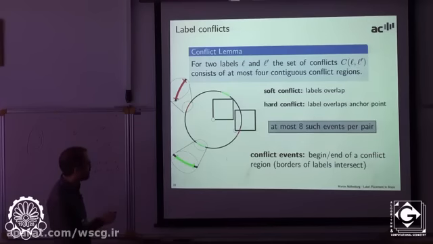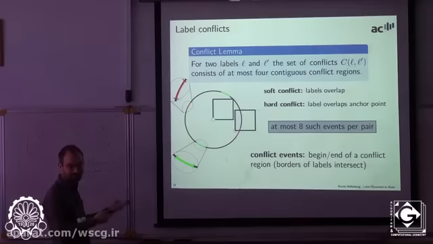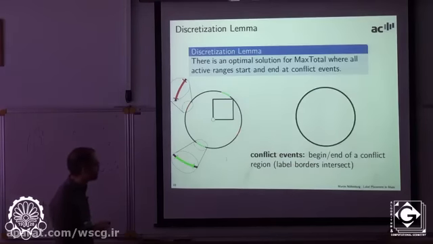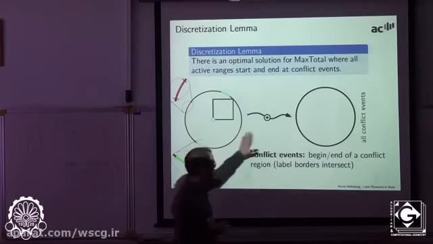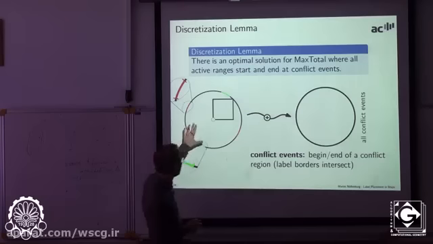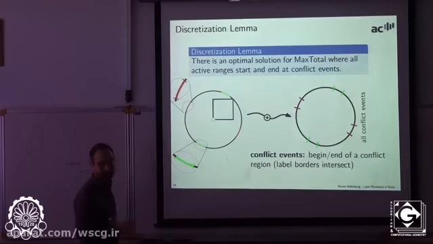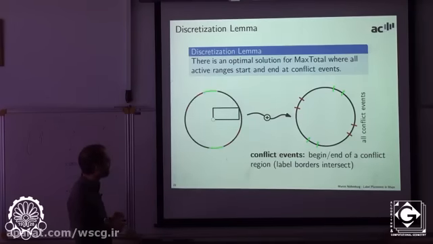Because we have at most 4 contiguous ranges, there are at most 8 conflict events from one pair of labels. So if we want to take the global view now, we have one pair, this gives us 8 conflict events, and you do this for multiple pairs, so you would get more conflict events. But for every pair, 8.